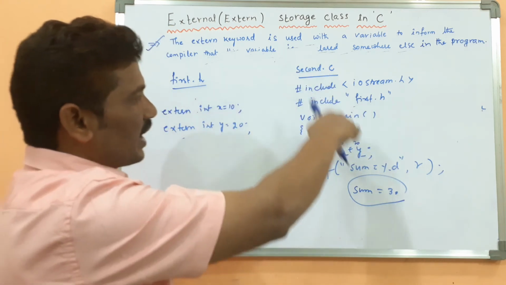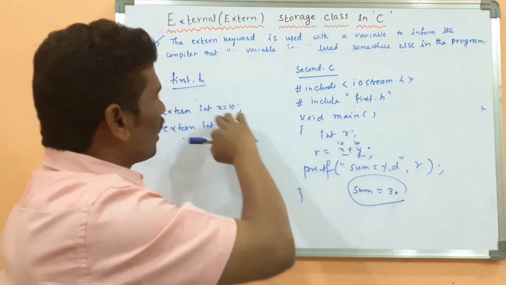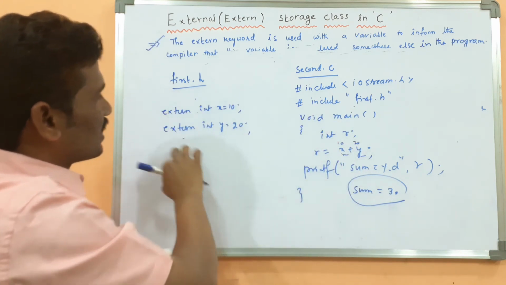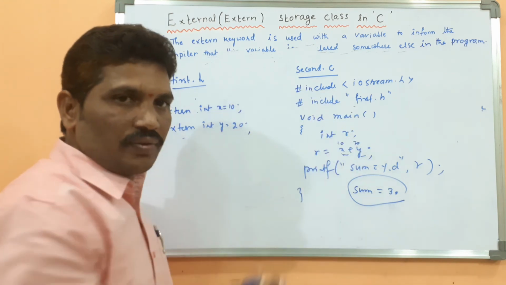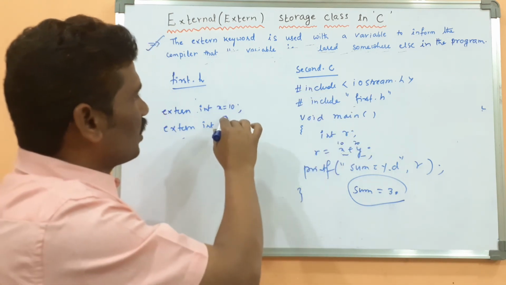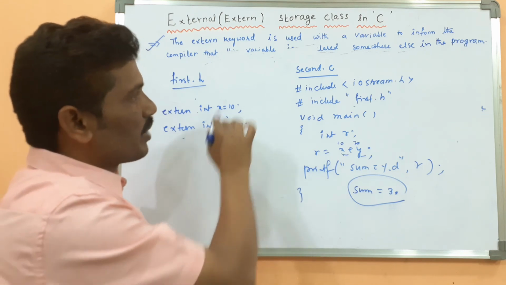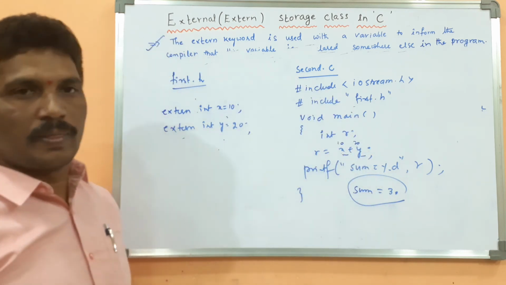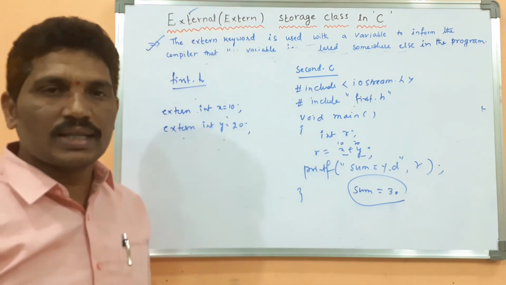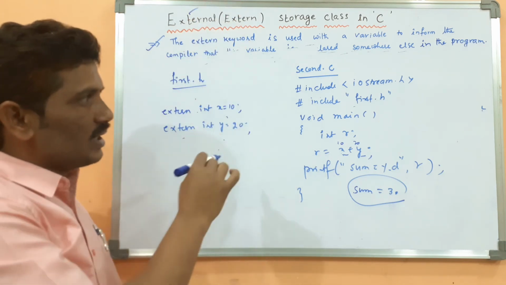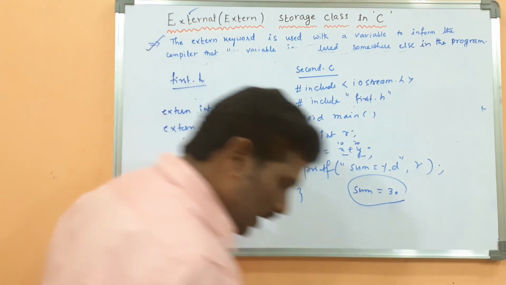Here we include this file into our program, and because these variables are declared as external, they can be accessed from another file. It is possible with the help of the external storage class. Hope it is clear? Then I will go for another example.